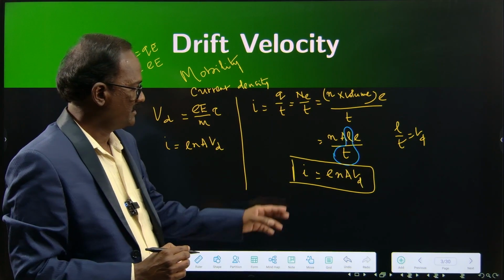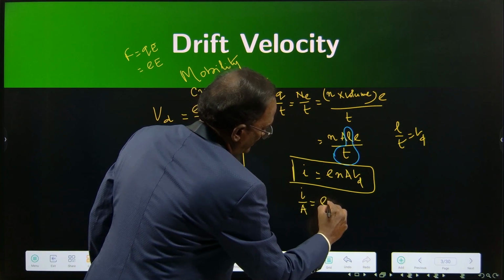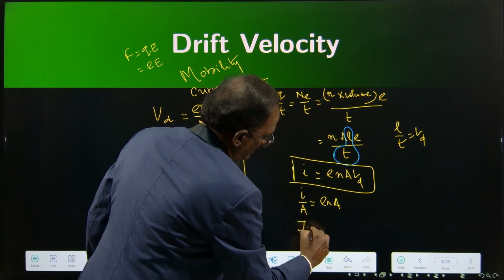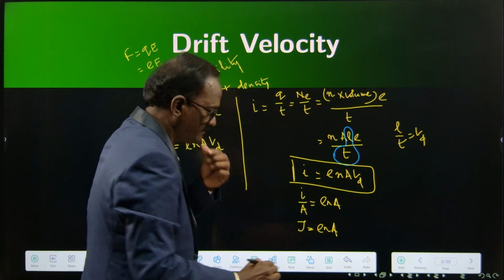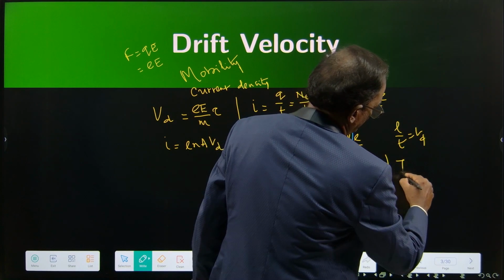Yes. Then I by A is equal to the current density, ENVd. This is written as J. So J is equal to sigma E, also we have found.